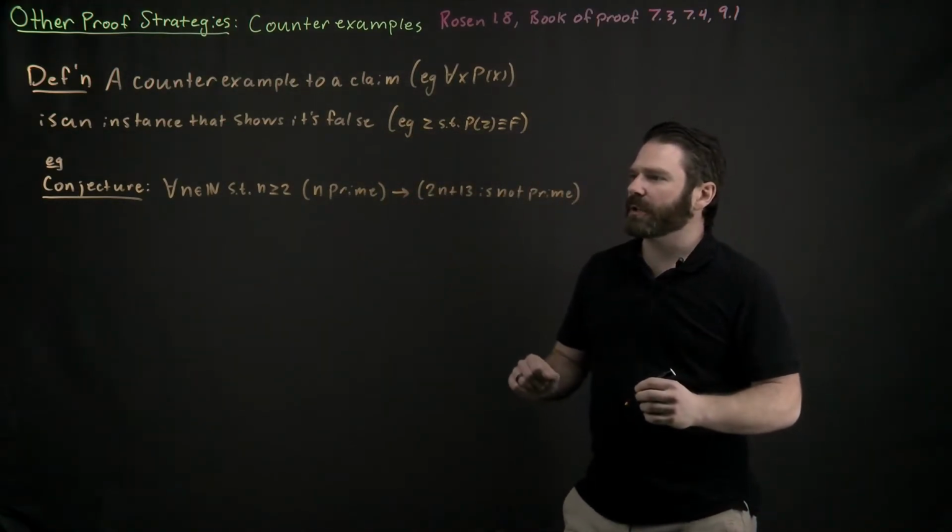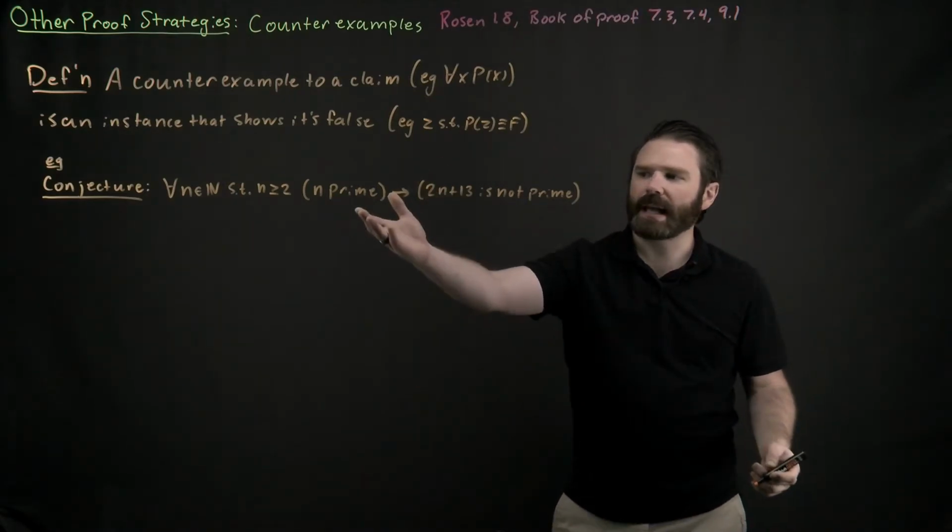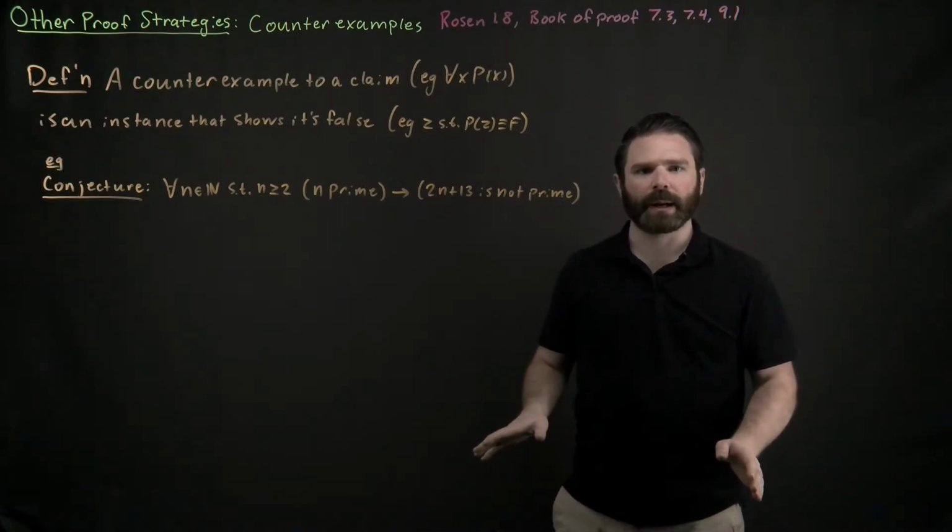So I've conjectured that for every natural number n greater than or equal to 2, if n is prime, then 2n plus 13 is not prime.